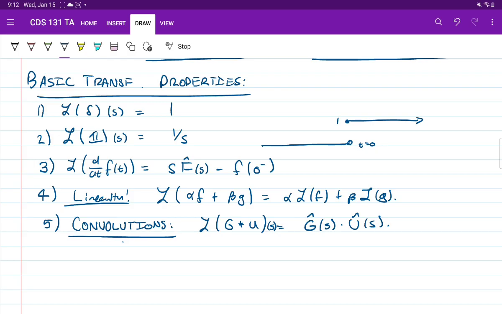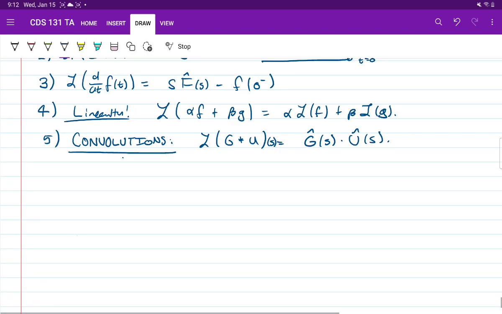So since the response of the system is equal to a convolution of impulse response and input, and convolution becomes super simple in the frequency domain, it should seem fairly natural that the impulse response, or its Laplace transform, should be a really fundamental object in the frequency domain. So this is called the transfer function of the system.